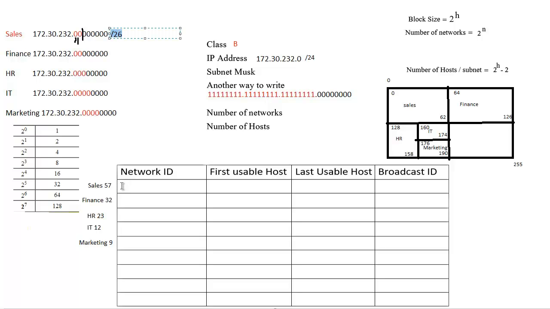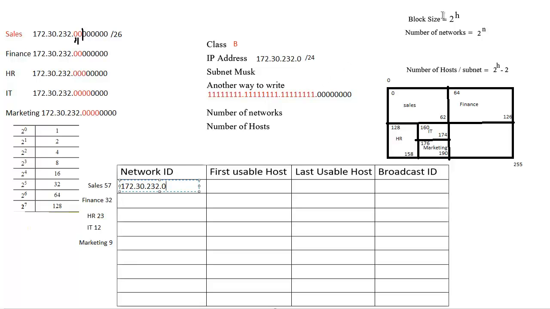Network ID always starts from 0. The first network ID will be this one, zero.